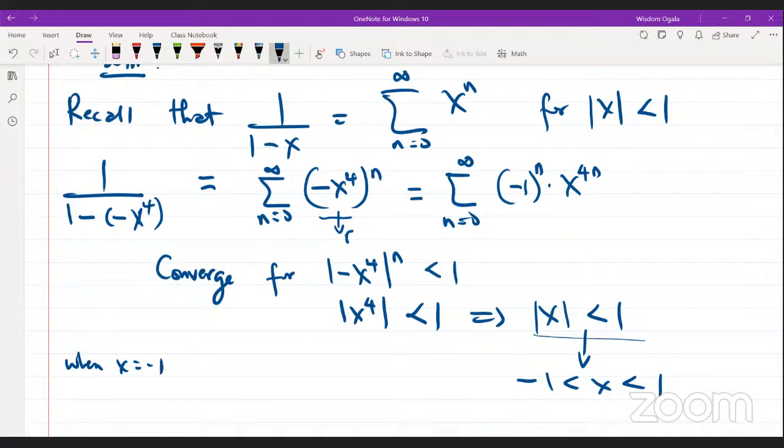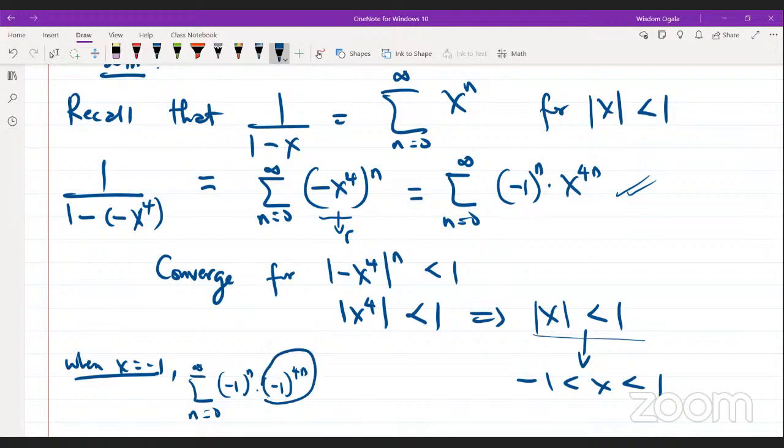When x is negative 1, what happens? You plug in negative 1 here. So you have the sum over n from 0 to infinity of negative 1 to the power of n times negative 1 to the power of 4n. Apparently this is going to give me a positive number, because this power is even.